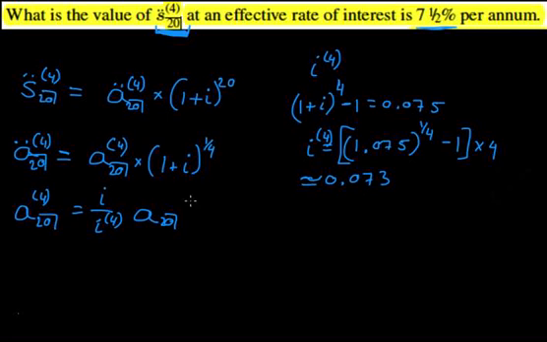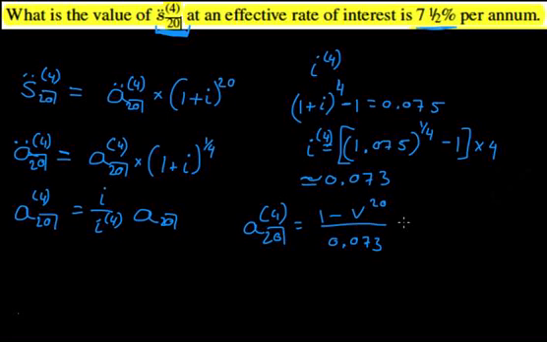Okay, so now that we've got this bit, we can essentially do all the rest of it. Alright, so what I'm going to do now is I'm going to work my way up. I'm going to say, what is the annuity to the 4 with the 20? So that's just going to be a to the 4 with the 20 is going to be equal to 1 minus v to the 20, and that's got 7.5% in there, divided by 0.073, which is our I to the 4.